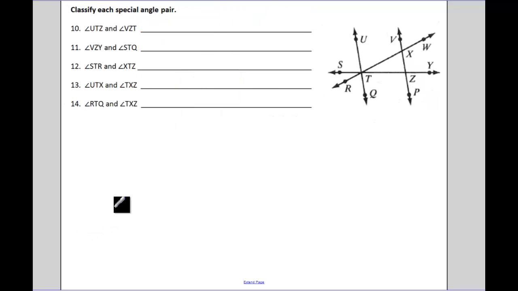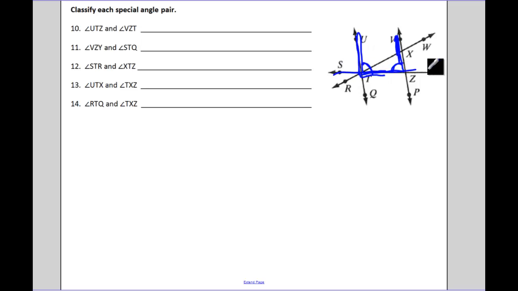Okay, next example. Finding special pairs of angles where the picture is a little awkward. UTZ, UTZ. So this angle here, highlight it. Trust me, highlight it for these challenging ones. And VZT. So this angle and this angle.